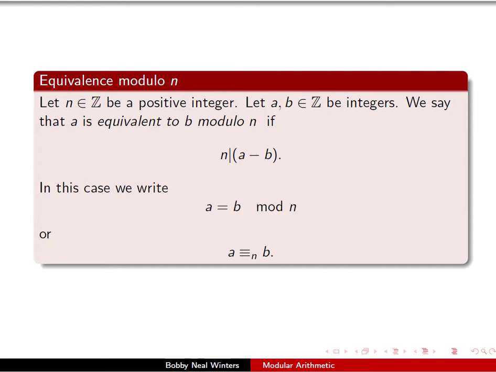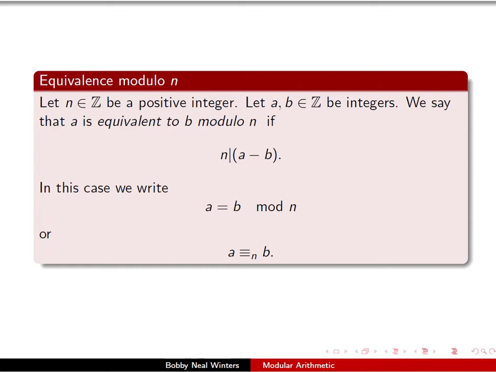Okay, now we're going to introduce you to the concept of equivalence modulo n. Here we're starting with n, an integer, but we want to restrict ourselves to n just being a positive integer. Let a and b be integers, and they need not be just positive integers. They are just any kind of integers. We say that a is equivalent to b modulo n if n divides the difference between a and b.